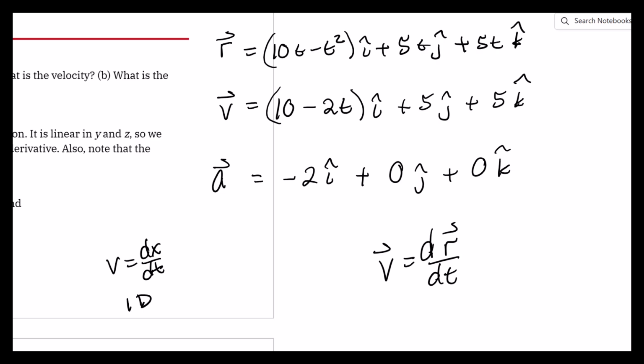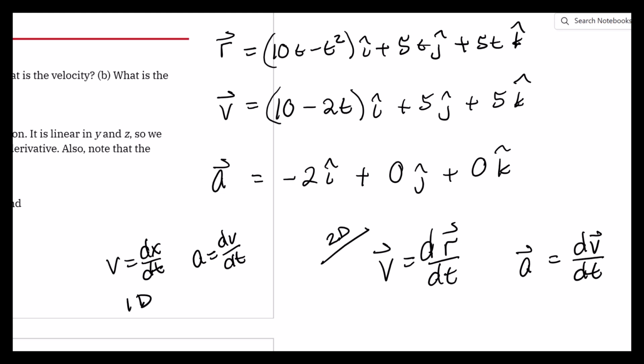If we have two or more dimensions, we call it dr/dt, but don't let that r freak you out. It's just a normal r, it just means position. And then acceleration is dv/dt.